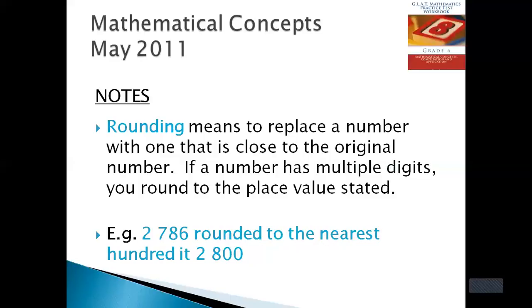In the example shown here, we have the number 2,786, and it's rounded to the nearest hundred. How do we know that? Because our second digit, reading from left to right, our 7 changes to an 8, and everything else is followed by zeros.